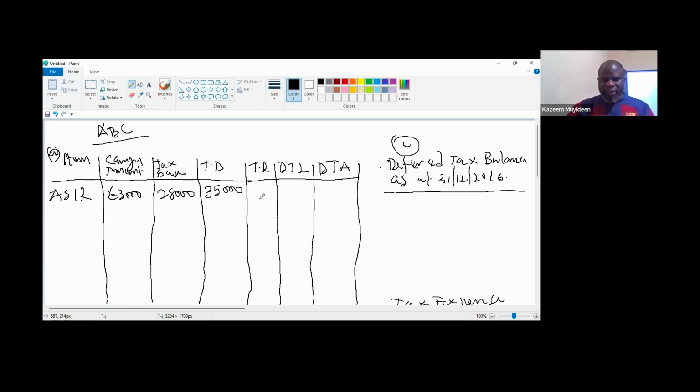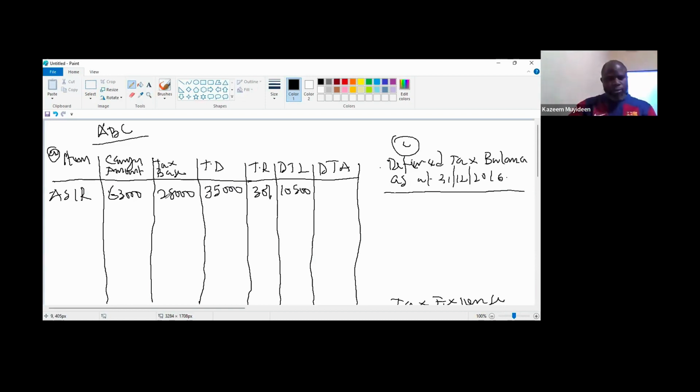What is the tax rate? 30%. Is it a deferred tax liability or deferred tax asset? Times 0.3. The tax rate was given in the question. Deferred tax liability, 10,500. Correct. We'll go to the next one.